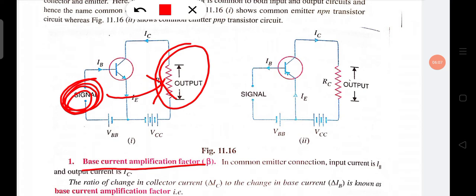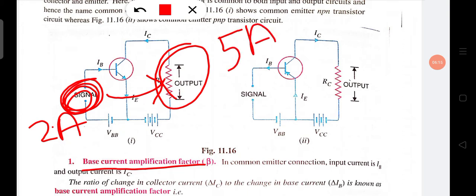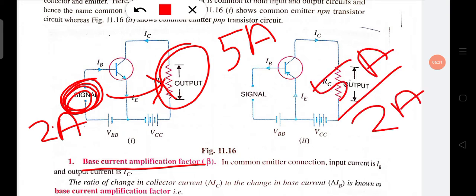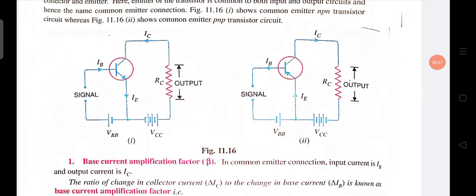Let's say we use 2 ampere in input and we get 5 ampere. So the current gain is 5 ampere by 2 ampere. How much increase or amplification there is, that is called current amplification.